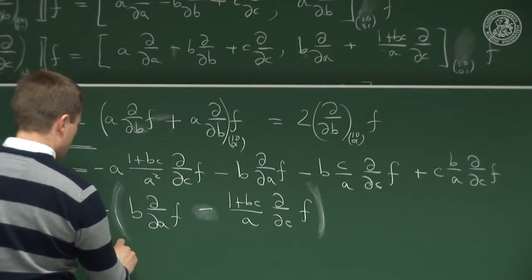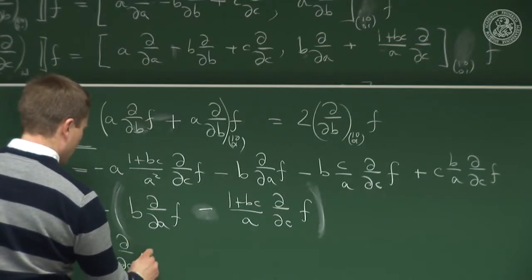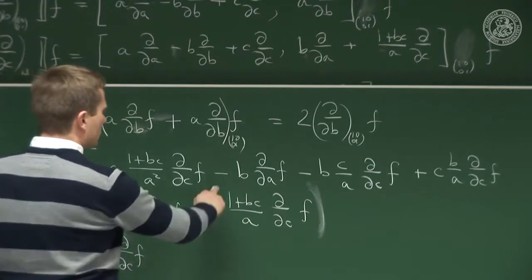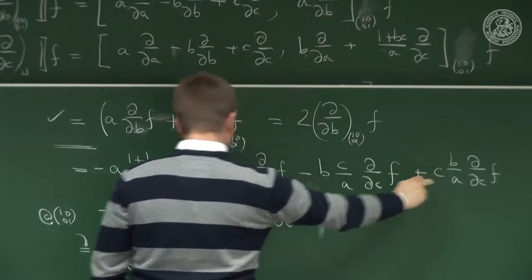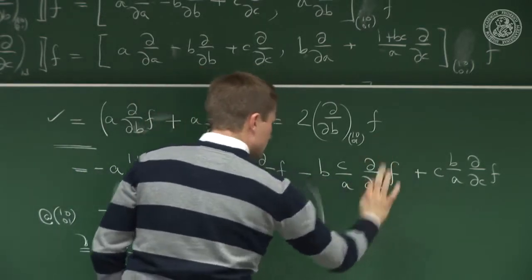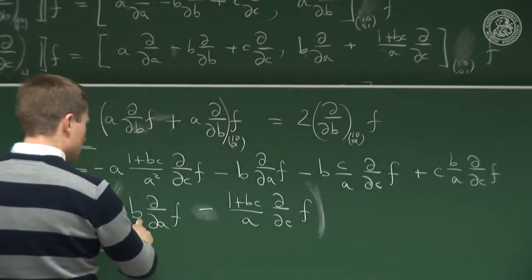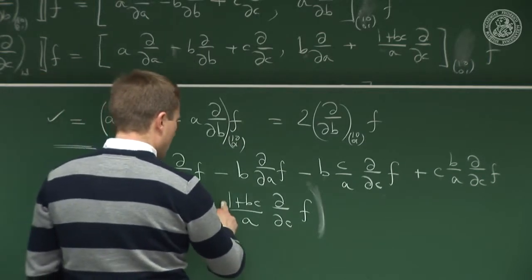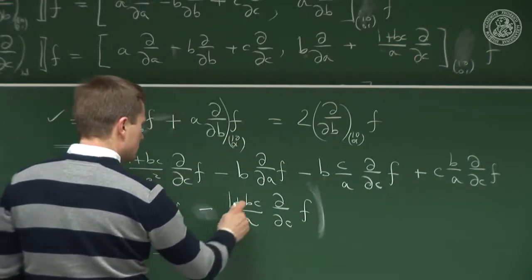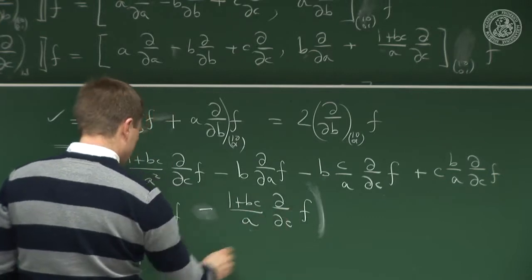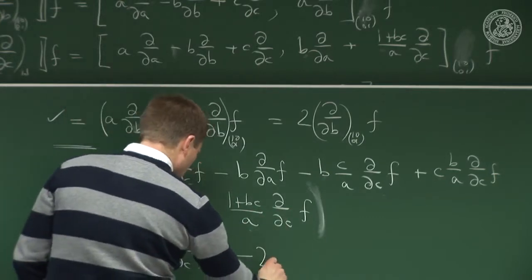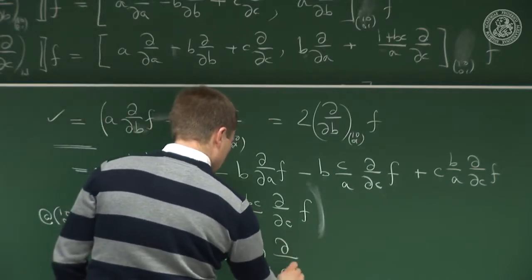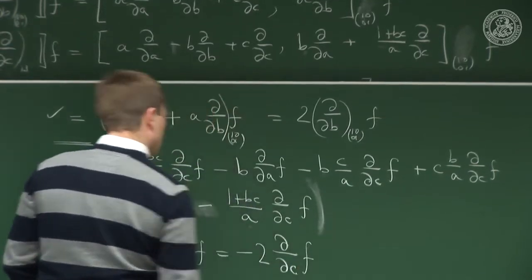This is a minus d by dc f. So this one is 0 times, 0 times, 0 times. And always the a is 1. So that's well defined. This is 0 times, and this is 1 minus. This is another minus. 1 plus 0 over 1 d by dc is d by dc f is minus 2 d by dc acting on f.